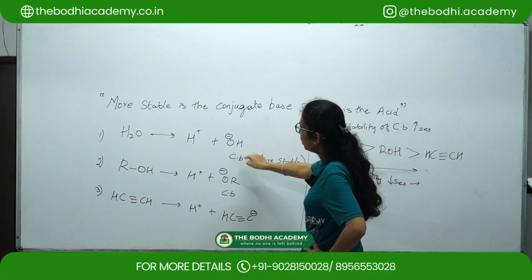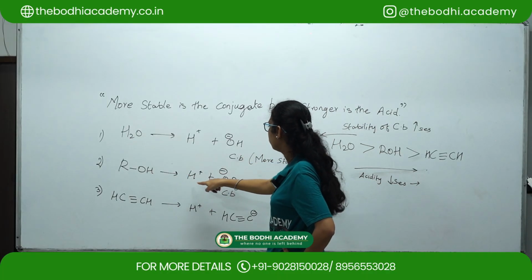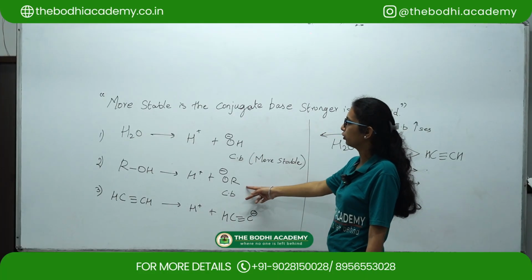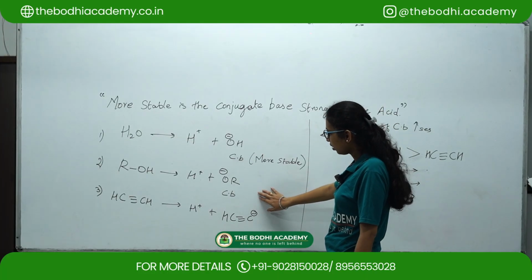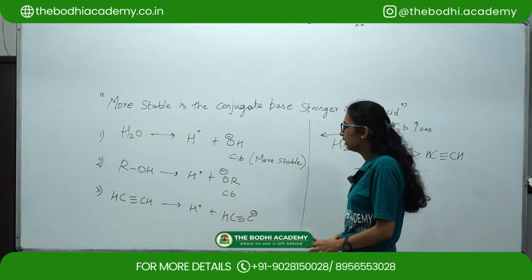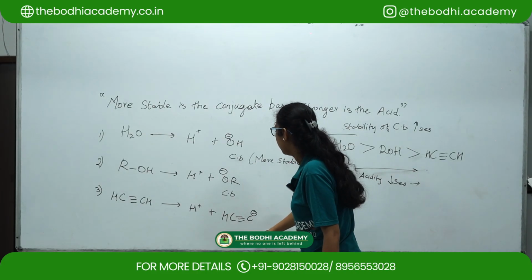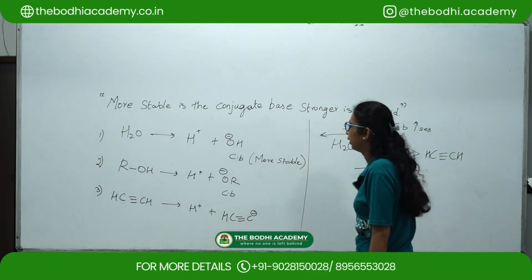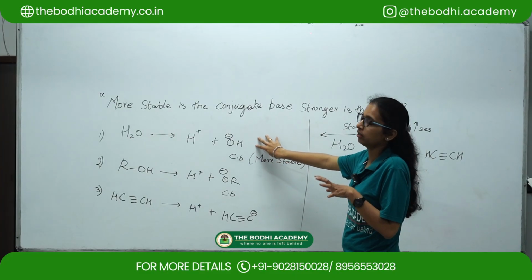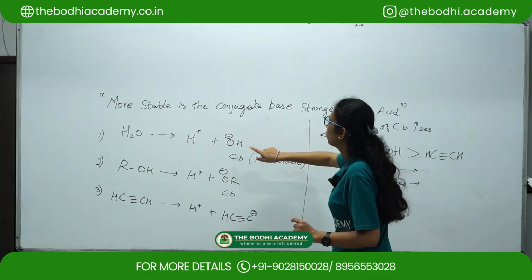Then next, ROH dissociates into H plus and OR minus, which is your conjugate base. This is next after this, and the last one is ethyne. Ethyne will dissociate into H plus and CH triple bond C minus. Okay, among these 3, this OH minus is the most stable conjugate base.